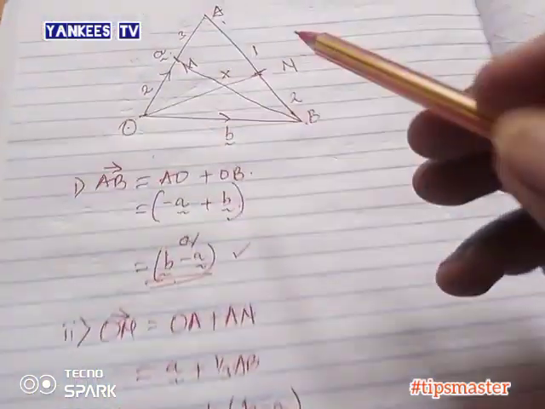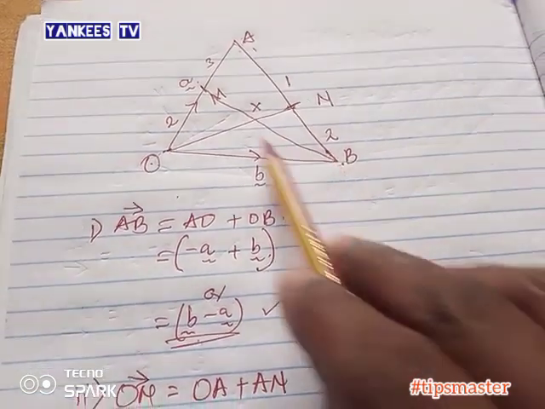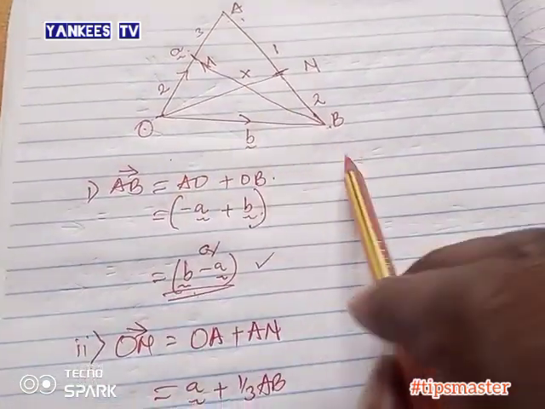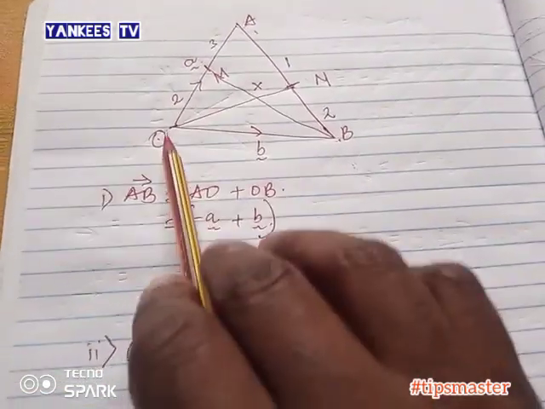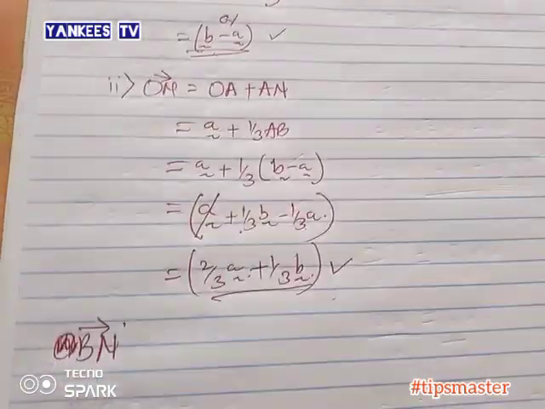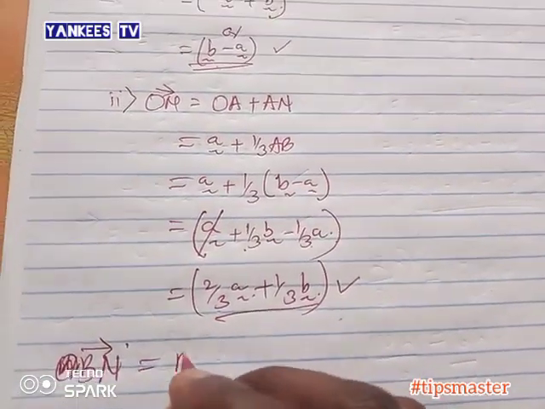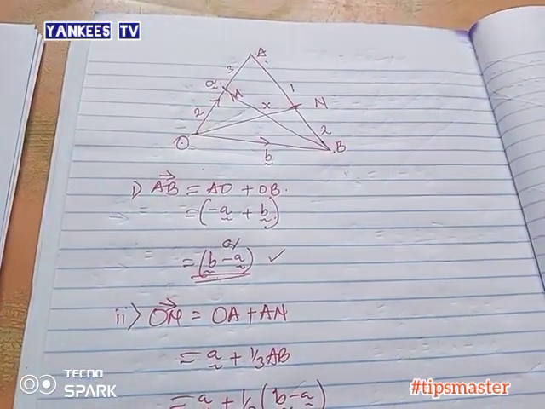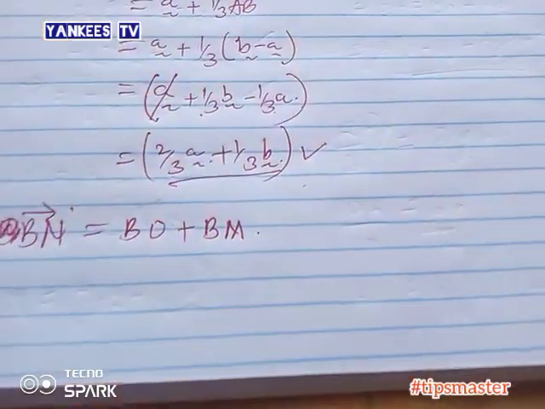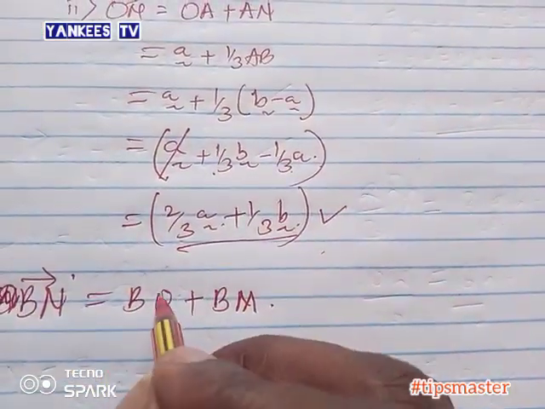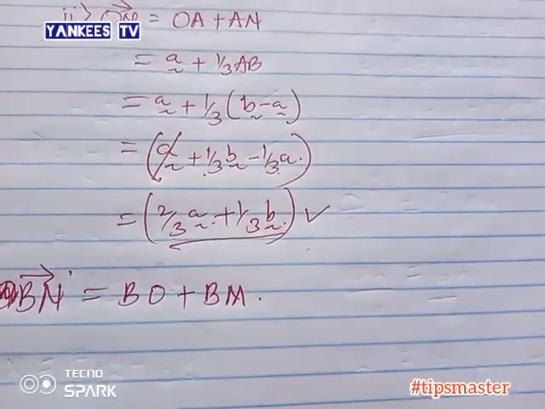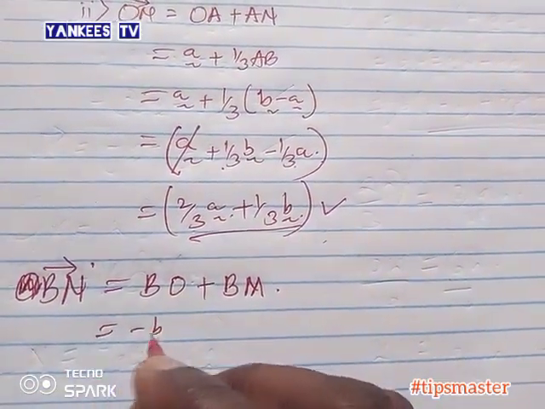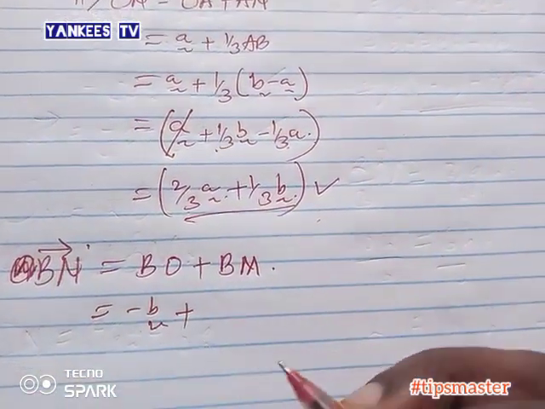So we are at B, we want to go to M. We can go through O, or we can go through A. I choose to go through O. So it shall be BO plus OM. What is BO? Remember, we are going against the vector, so it shall be negative vector B, plus OM.